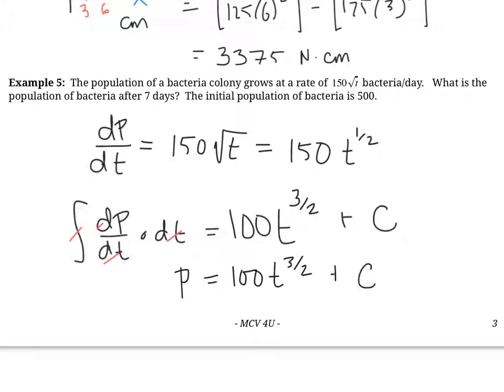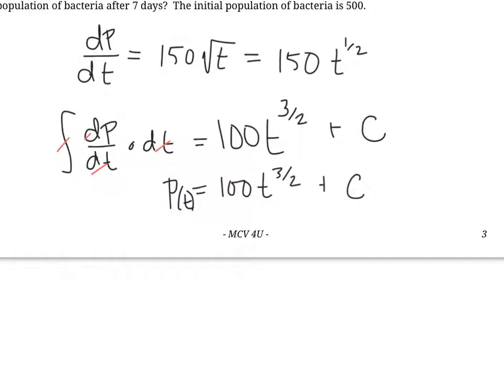plus c. Now, we are given an initial population of 500, right? So P at time 0 is going to give us 500. Actually, let me put this in function form like that. P of t. So P of 0 is going to give us 500, right?